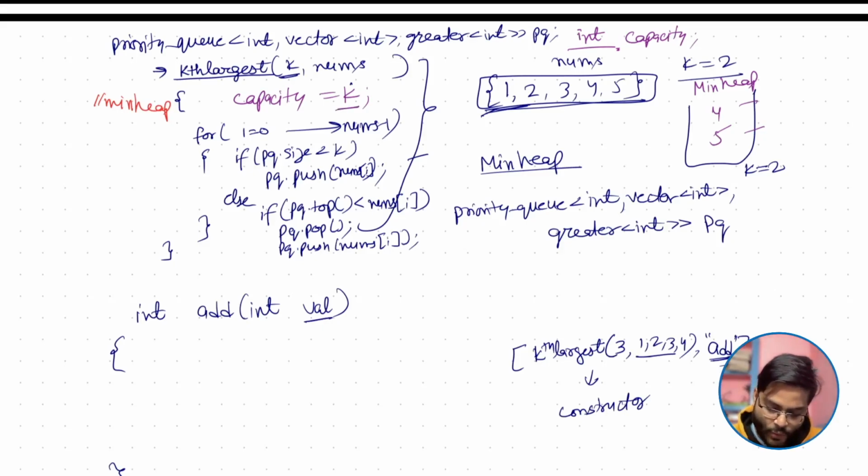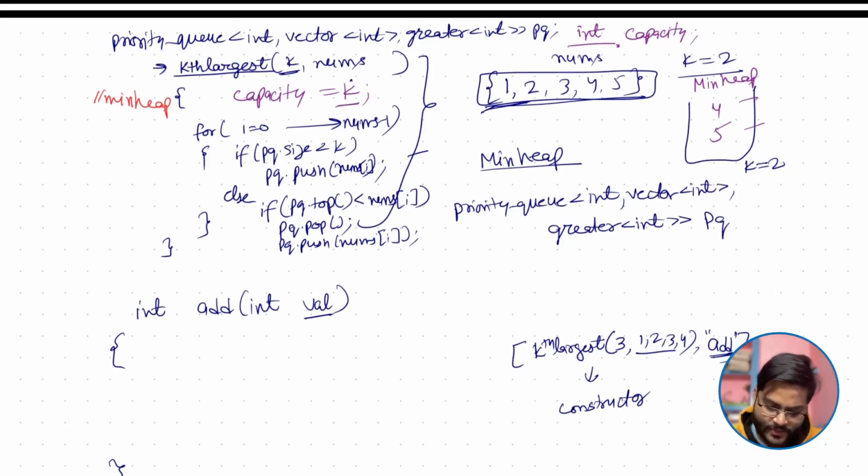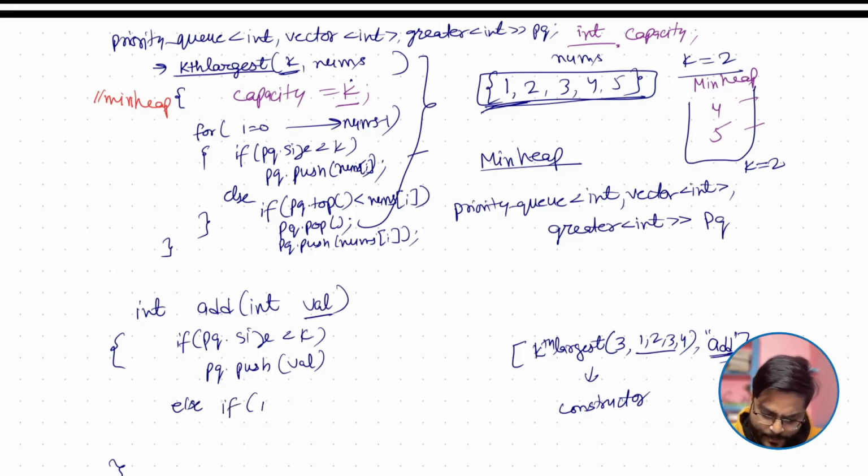Now I will do the same logic here. If my pq dot size is less than k, then I will do pq dot push value, instead of nums of I. In the else part, with the same logic, if pq dot top is smaller than value, then I will do pq dot pop and pq dot push value.